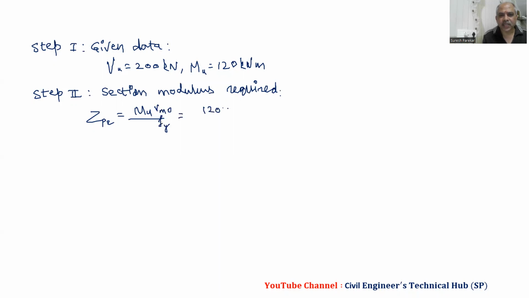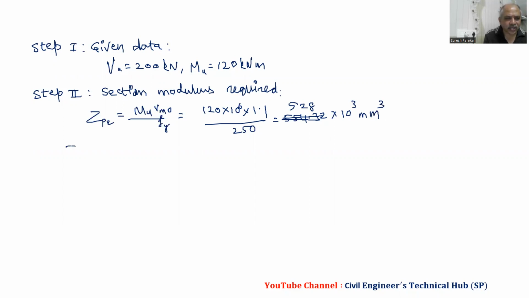So 120 into 10 raised to 6 into 1.1 upon 250. And we have the required value 554.32 into 10 raised to 3 millimeter cube. No, sorry. The required value is 528 into 10 raised to 3 millimeter cube.